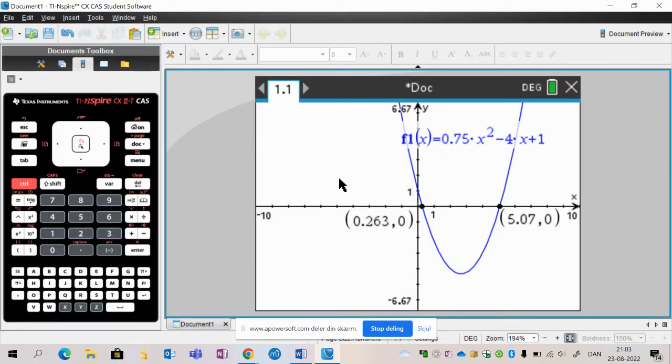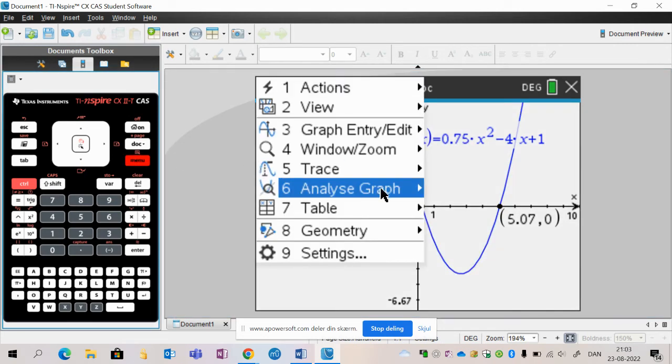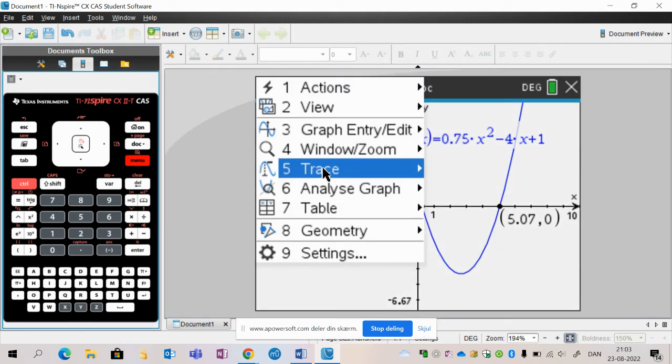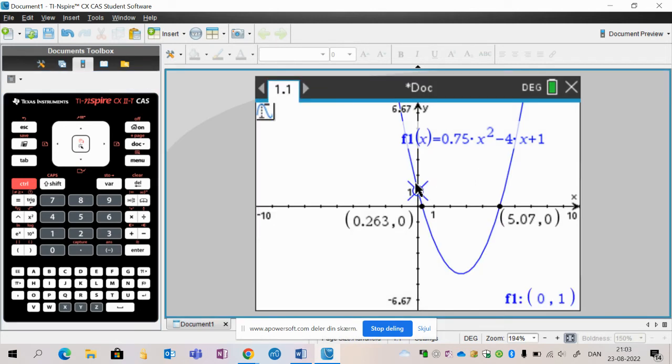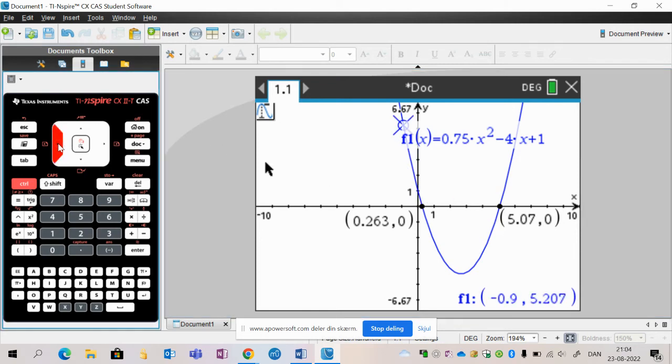You could also use Nspire to calculate a value. It's easier to trace it. So you'll just choose trace the graph, because that gives you a cursor here, and you can control where it is by pressing the pad here.